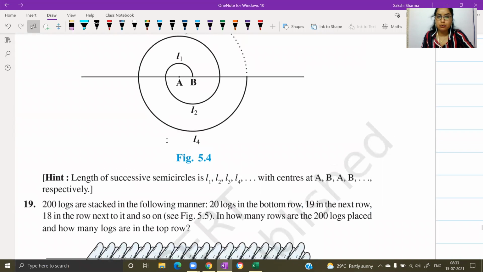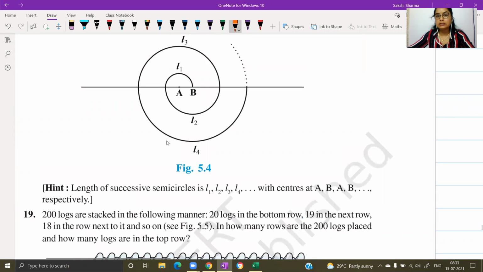Now they have given you a clue also here. If you have to find out the length of the spiral made up by 13 consecutive semicircles, the length of these successive semicircles can be represented with L1, L2, L3, L4 with centers A and B. The centers are alternating. First the center is A, so this semicircle is formed. Its length you can represent by L1. After that, the semicircle formed from center B, its length is represented by L2.